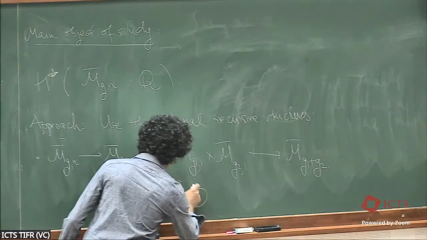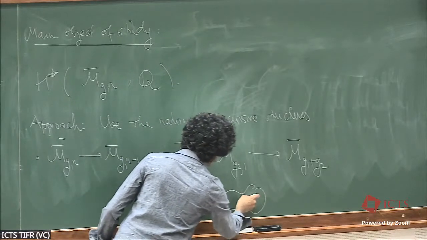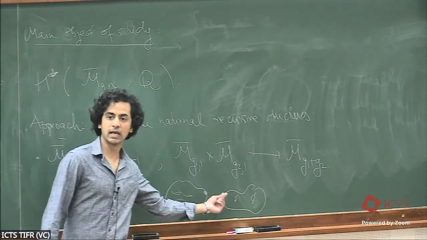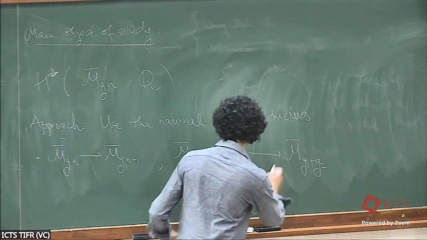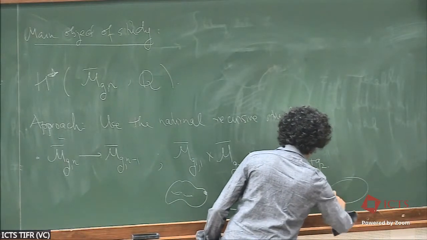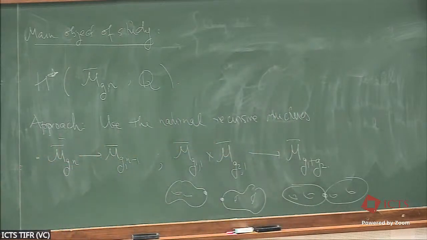Well, maybe here's your genus g1 curve with a marked point, and here's your genus g2 curve with a marked point. And you can just smush them together to get a curve, I'm not going to draw it. And there are various variants of this.